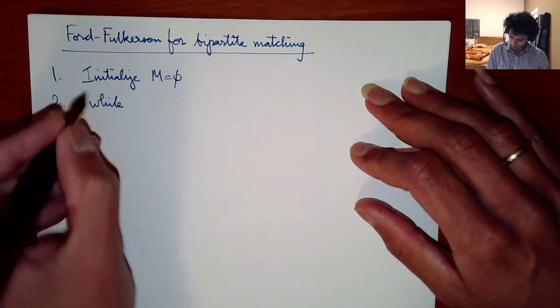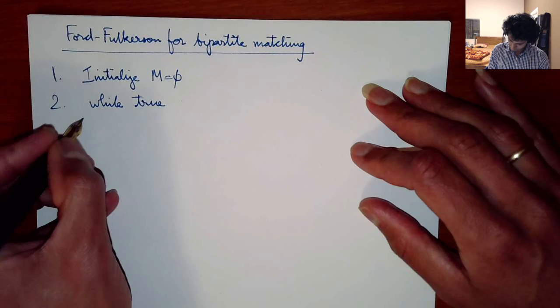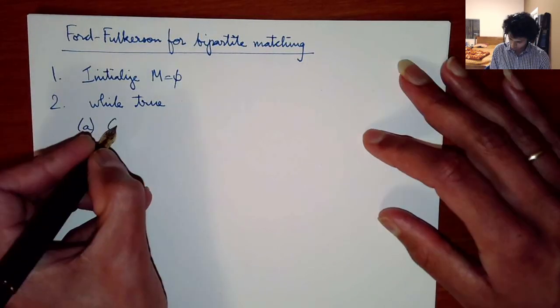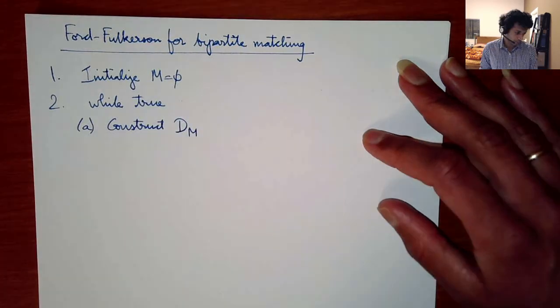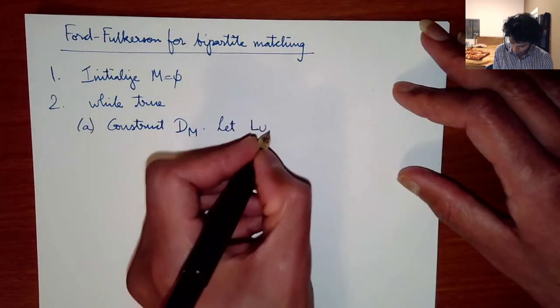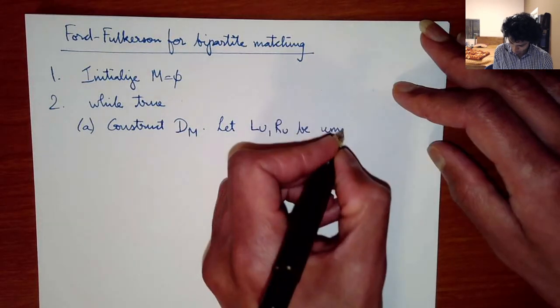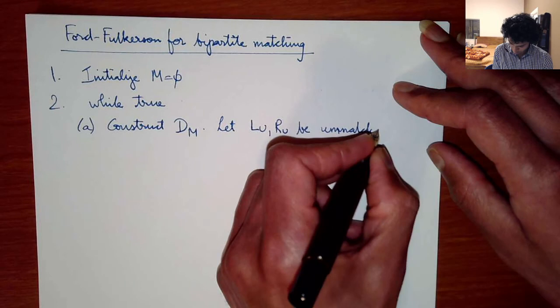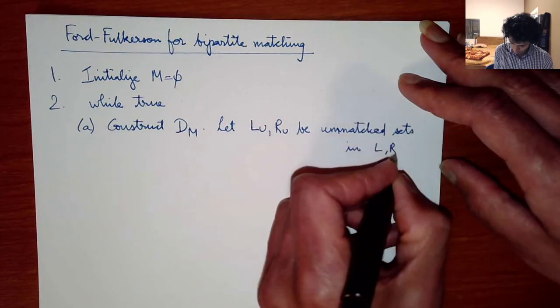Then we just run a loop here. We'll construct this digraph D of M. Let LU, RU be the unmatched sets in L and R.